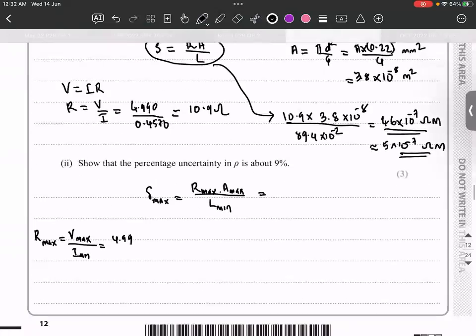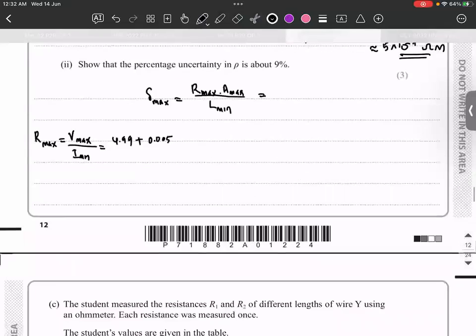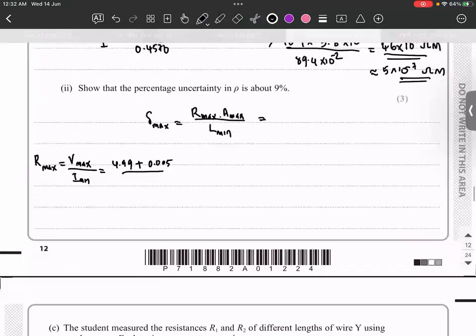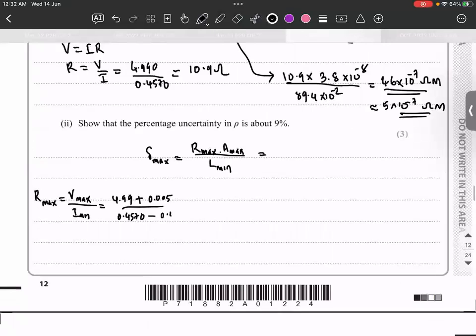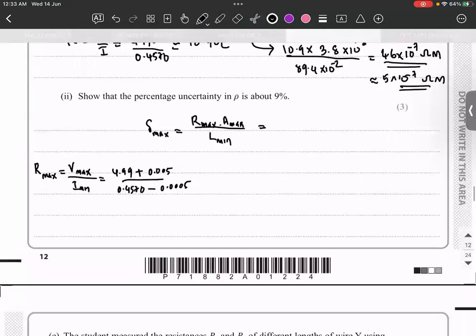4.99 plus 0.005, divided by the minimum current, which means 0.457 minus 0.0005, and this will give you the maximum value of the resistance.